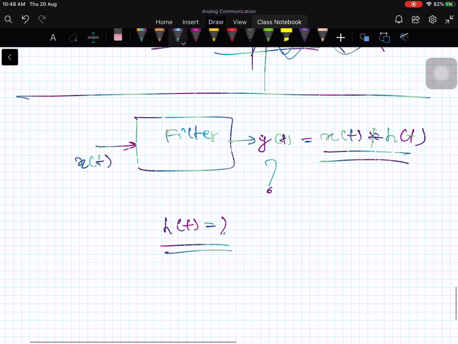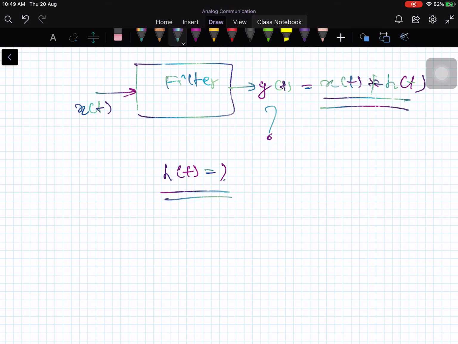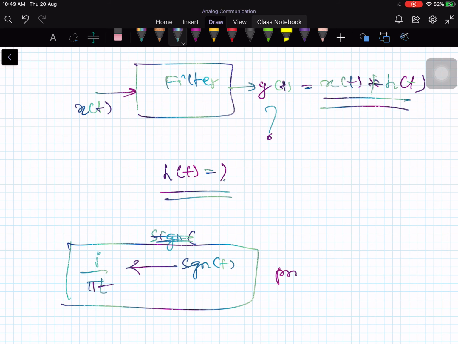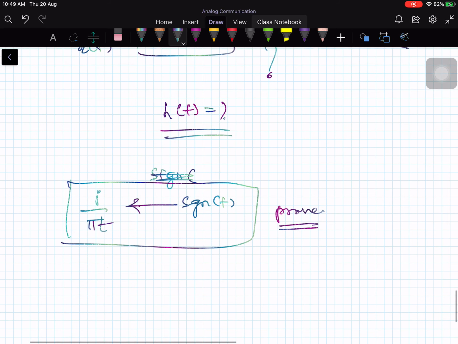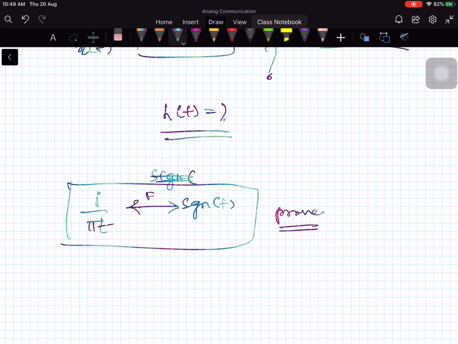Okay, now let us do a small exercise for this. This is a simple exercise in Fourier transform. You may prove this, but let me directly state this property: signum of f. If you take the inverse Fourier transform, it is going to be j by pi t. You can prove this on your own, and it is a Fourier transform pair. j by pi t becomes signum of f.